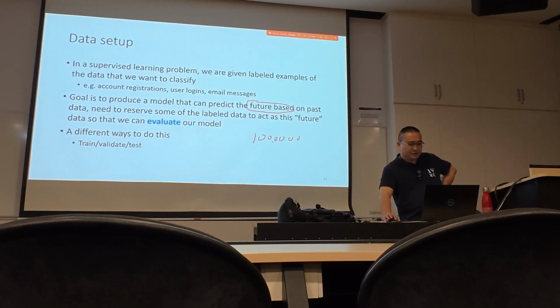Therefore, we need to split the data. A typical way is that we can split the total data into sets. The first one is the training set, which you use to train and update your model. And then we can have the validation data set. And lastly, we have the testing data set. So we're going to talk about those.